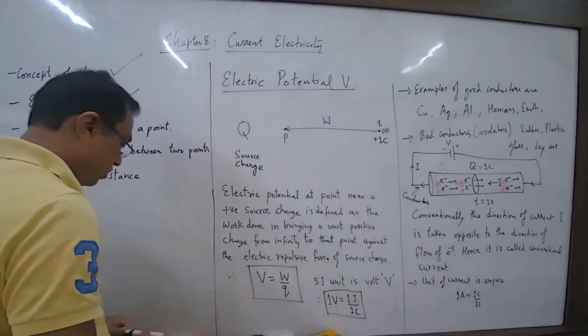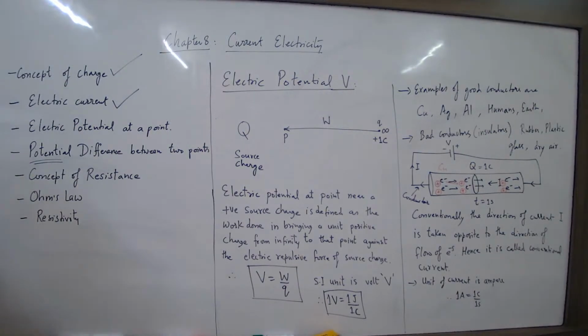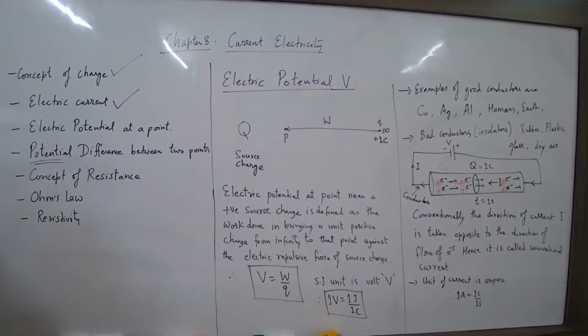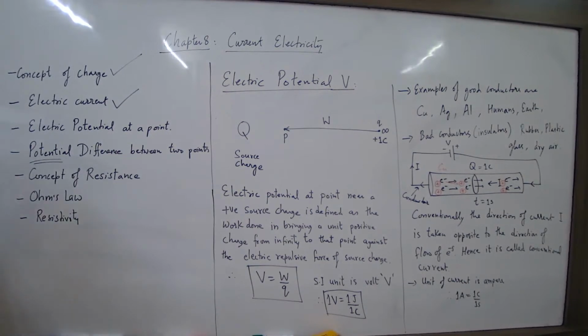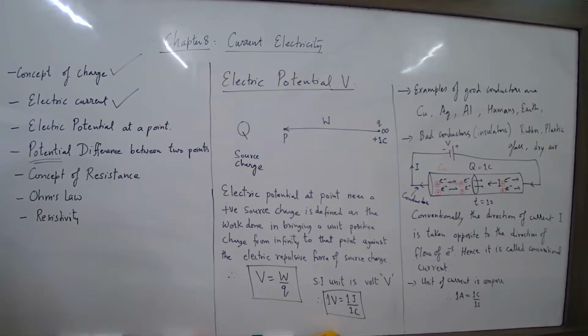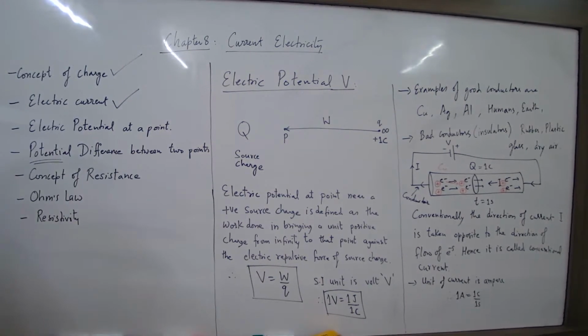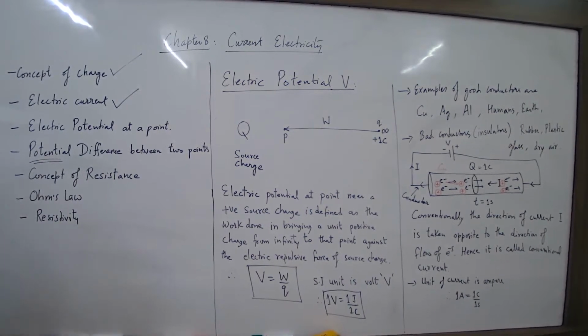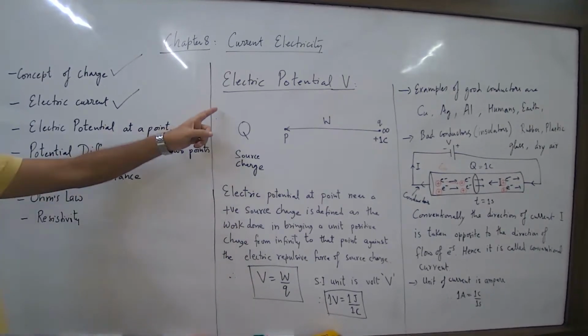This is how you define 1 volt. Okay, so that is the electric potential at a point.